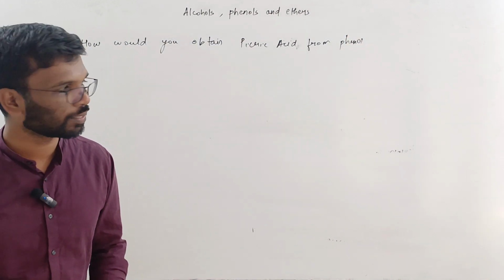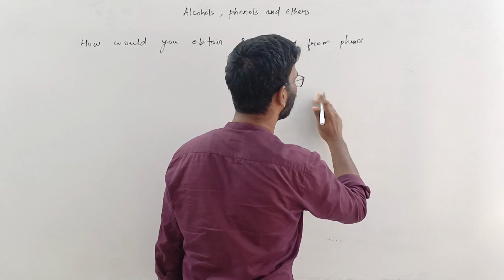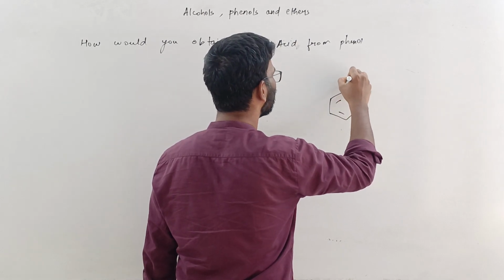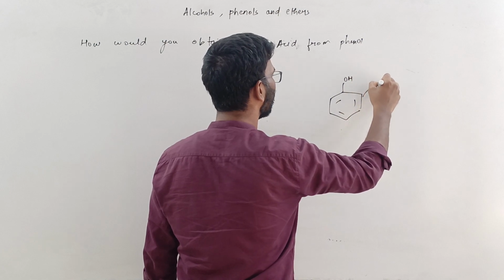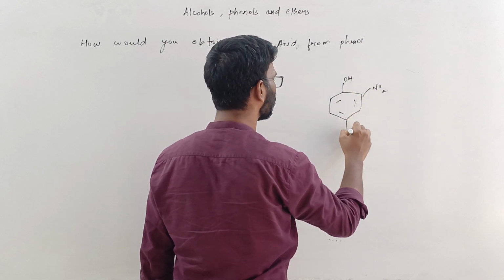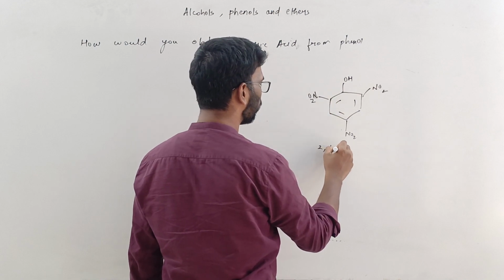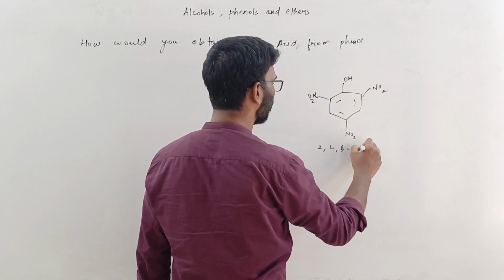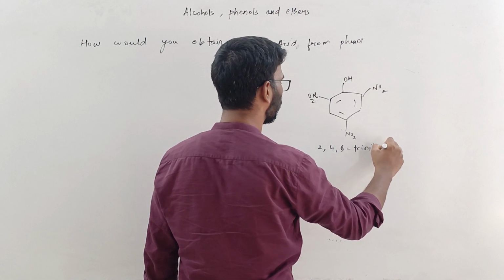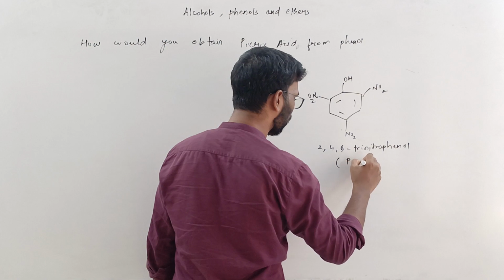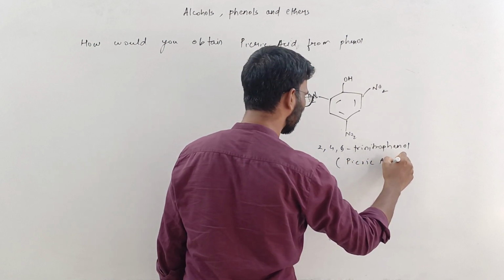Picric acid is this. A phenol is there, OH is there, and three nitro groups are connected like this: 2,4,6-trinitrophenol. This is an example of picric acid.